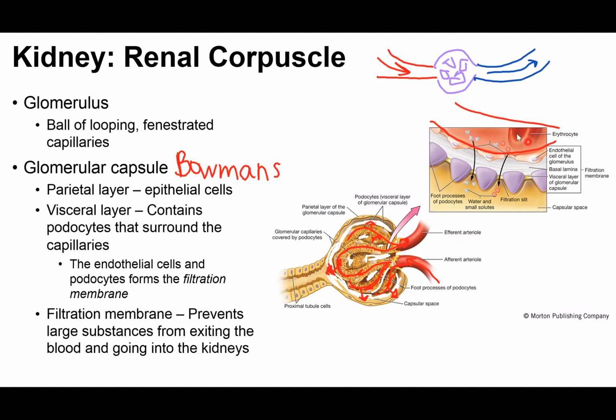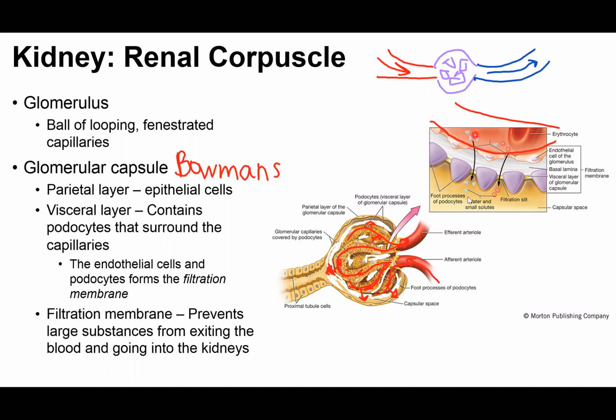So red blood cells, excellent example. Essentially, as you can see by the formation of this filtration membrane, red blood cells are pretty big, and they are not going to be able to fit into these little tiny slots. They don't have enough room to escape the capillary and enter the capsular space. This is a great thing for us. So the filtration membrane is, in a sense, preventing really large substances from exiting the blood and going into the kidneys.